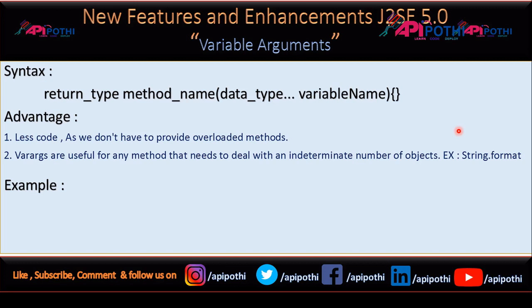Even if you use it for one argument, that is fine. There is no compilation error and no performance error, but people will always think it might have more than one argument, but it's your call how you want to use it. This is the basic syntax where you have the data type, the three dots, which are mandatory, and the variable name that you are going to pass.